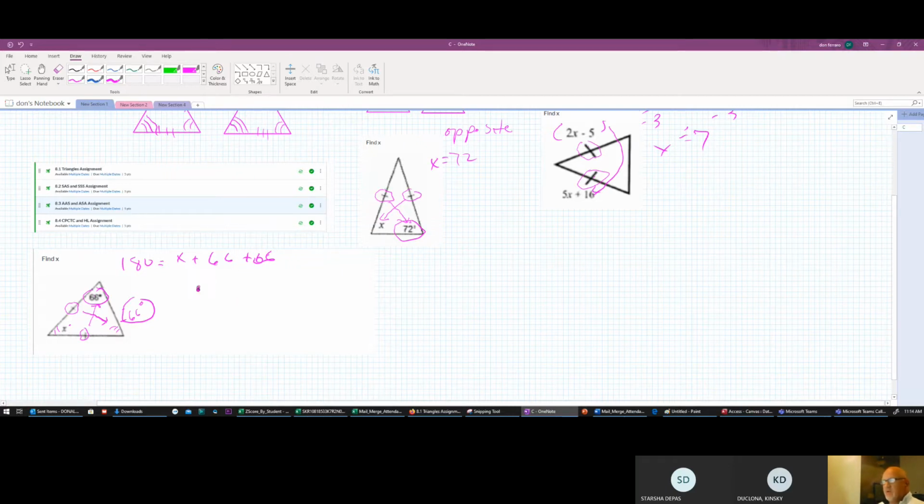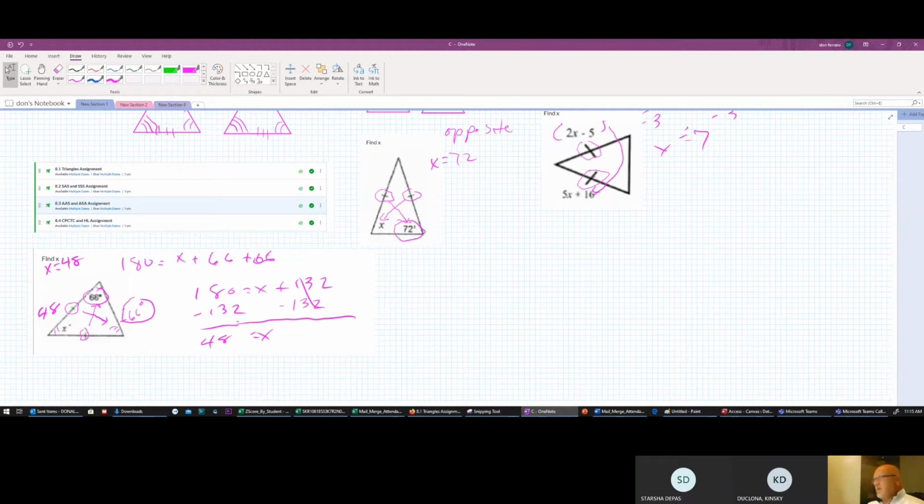So now I've got 180 equals x plus 66 plus 66 is 132, right? Now I'm going to subtract 132 from this side. And I get 48 there. And here we know that cancels out, right? So x equals 48. So 48 plus 66 plus 66 is going to equal 180. So x equals 48. Makes sense? Yeah. Okay.